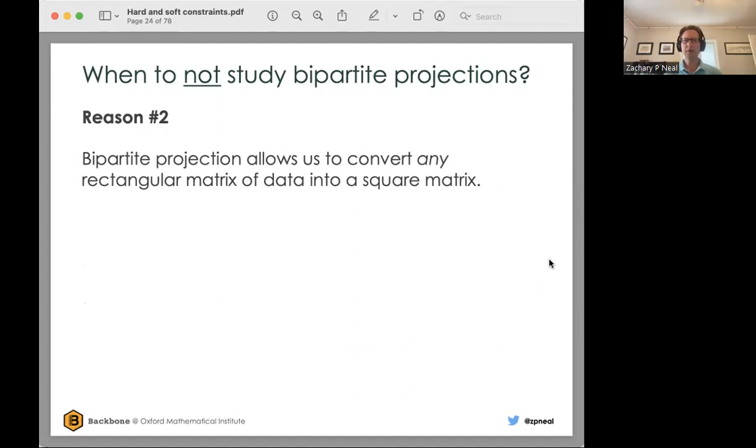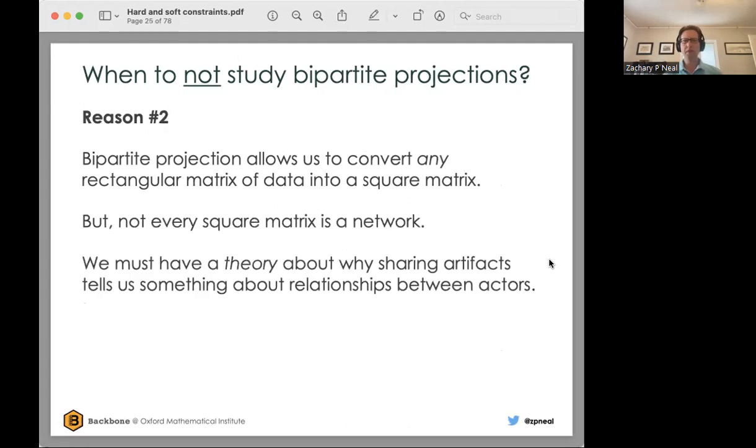The second reason we might want to be cautious studying bipartite projections is that a projection allows us to convert any rectangular matrix of data into a square matrix. But that's a problem because not every square matrix makes sense to interpret as a network. And so when we make this transition from bipartite to unipartite, we need to have some sort of theory about why sharing artifacts or having co-occurrences or having overlaps tells us something about the relationships between actors.